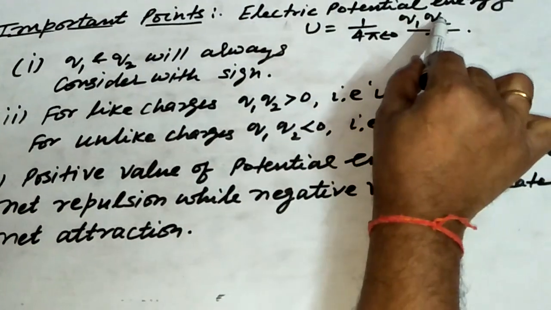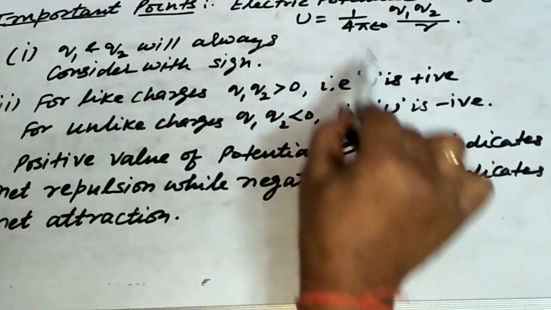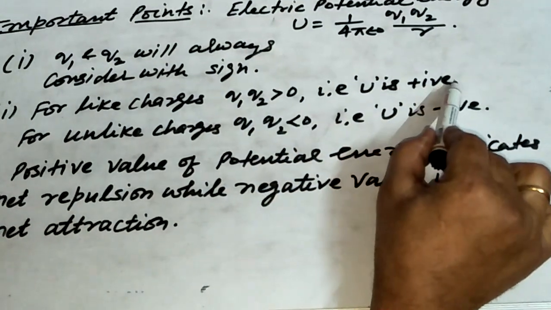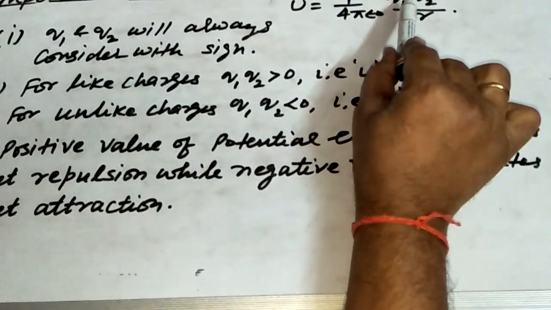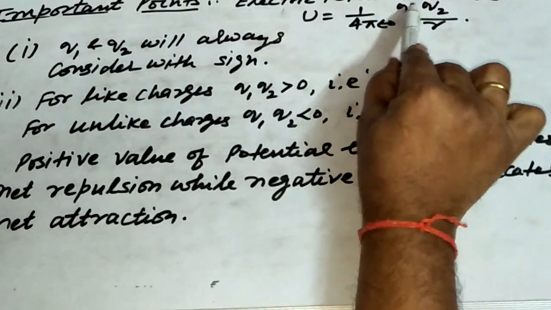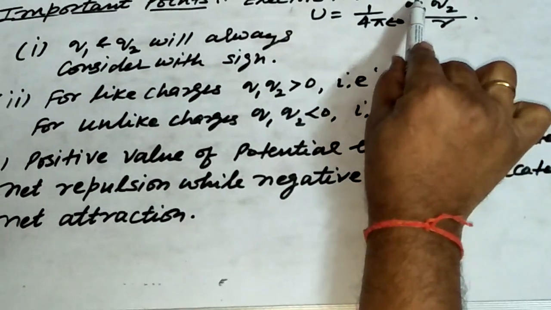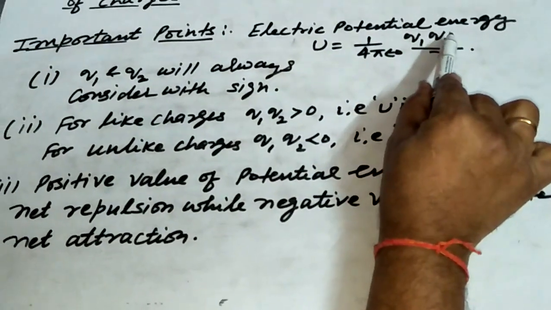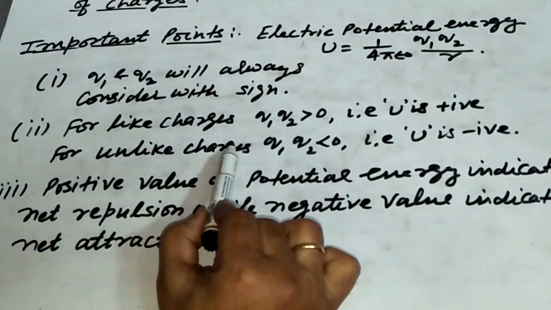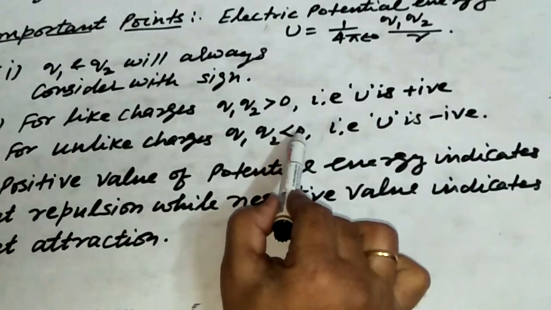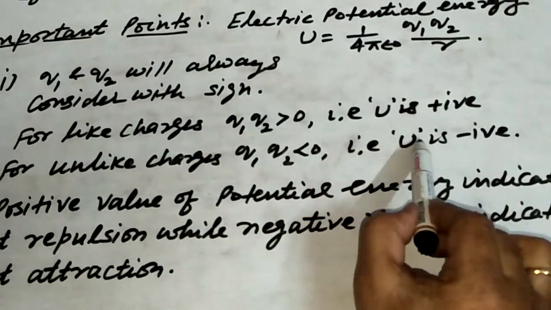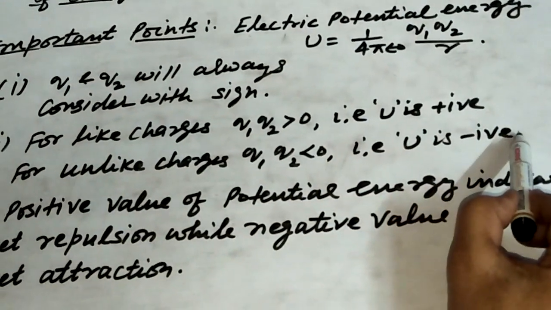And when Q1 Q2 is greater than 0, U always comes out positive. And for unlike charges, meaning either Q1 is positive and Q2 is negative, or Q1 is negative and Q2 is positive, the product Q1 Q2 will always be less than 0. It means U is negative.